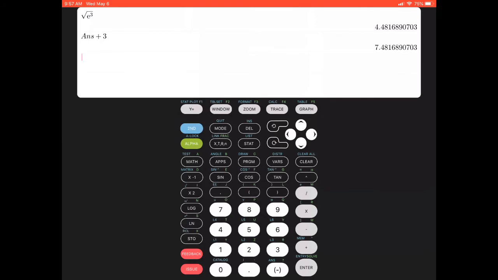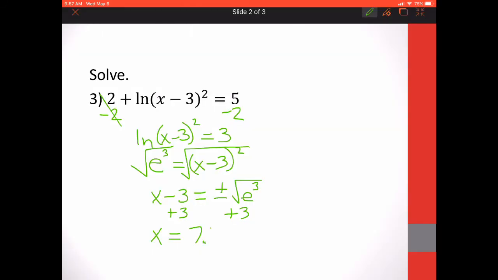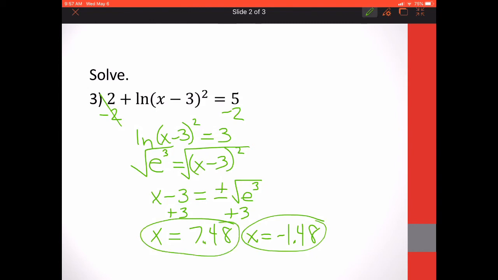One of my answers is 7.48, and then I'm going to do negative square root of e to the third, and then add 3 to that as well. So I have 7.48 and negative 1.48. I have 2 separate answers, and if I plug them in, they'll both work.